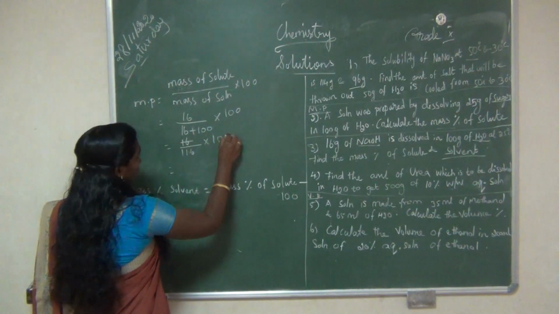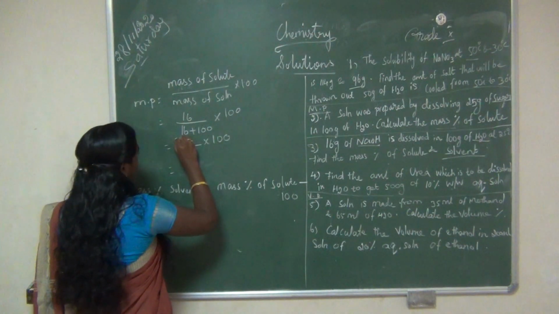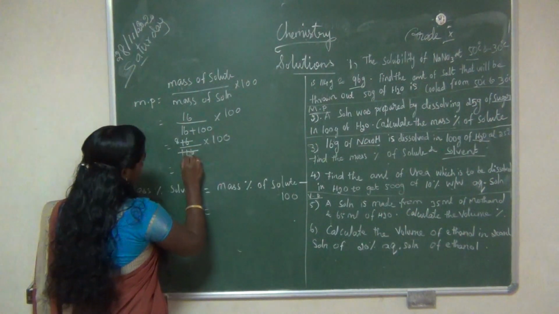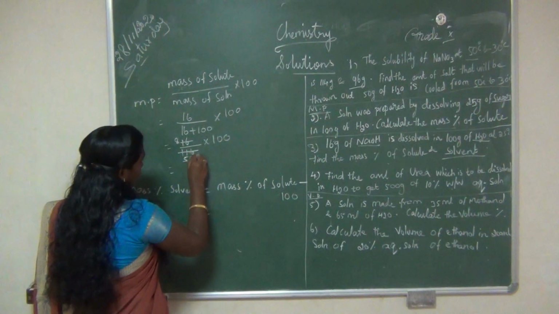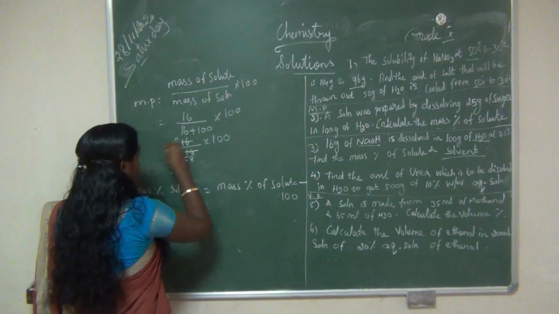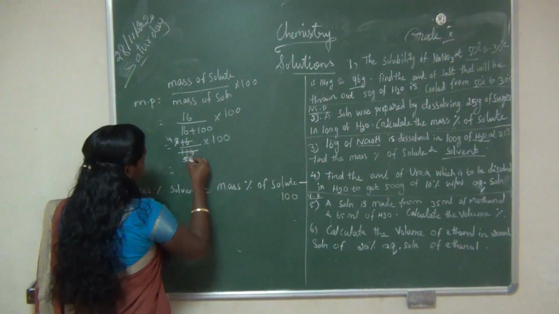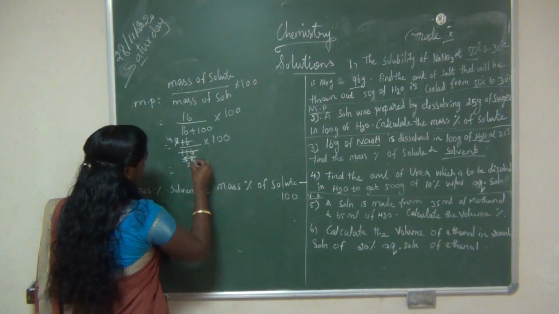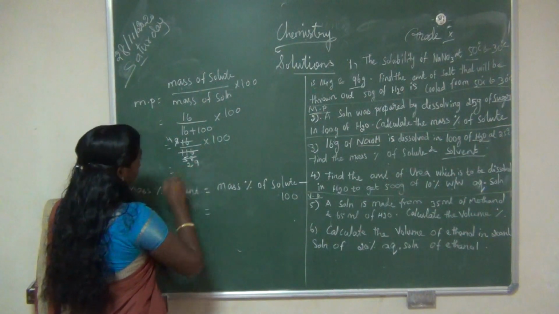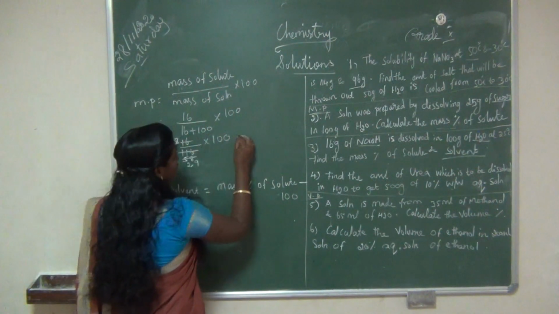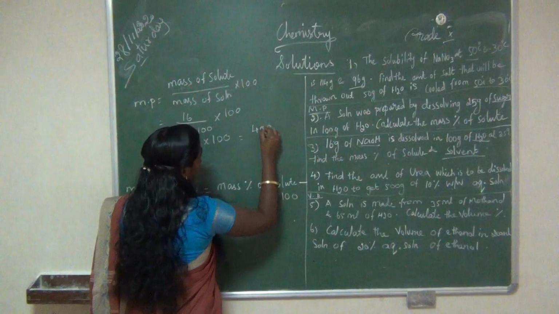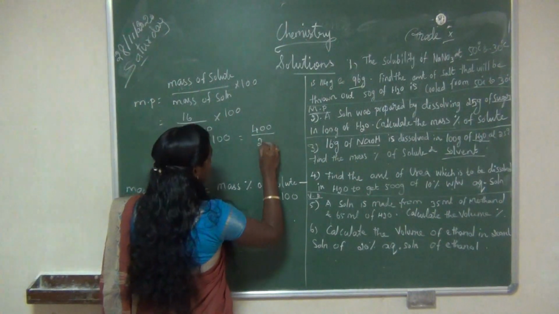So the second table you can follow. 8 2s are 16, 5 2s are 10 and 8 2s are 16. Four into 100, 400 divided by 29.